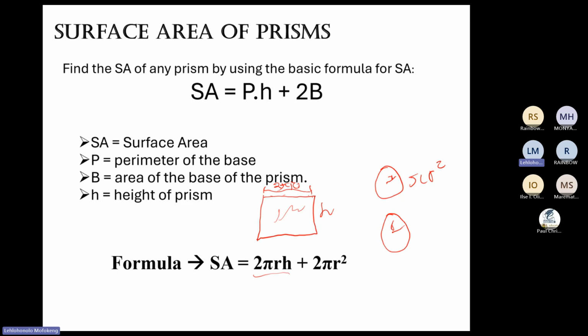So how many pi r squared do we have? We have 2 pi r squared. That is why the surface area of a cylinder is 2 pi r h plus 2 pi r squared. This 2 pi r squared is the area of these 2 circles, and 2 pi r h is for the rectangle.